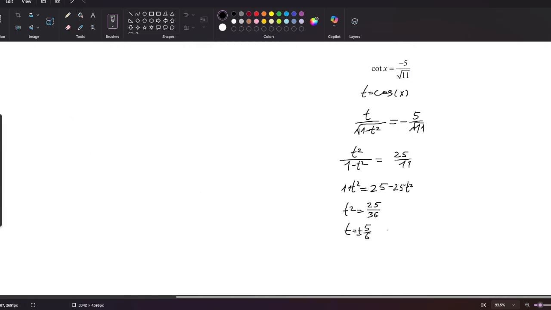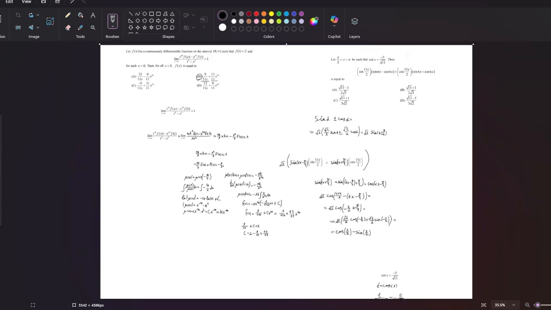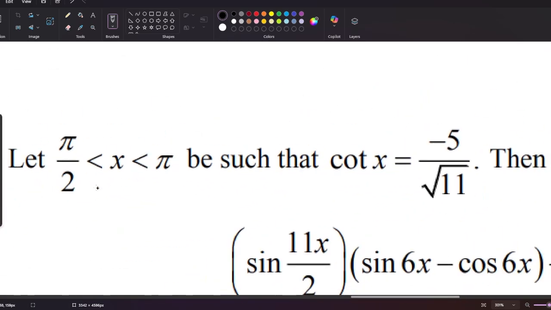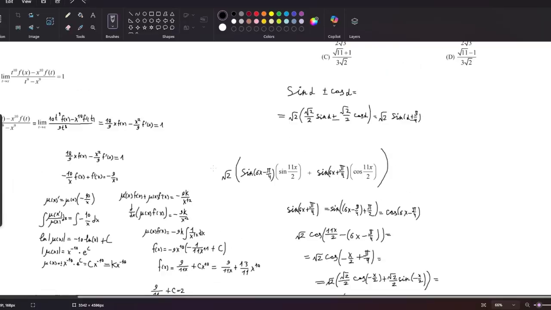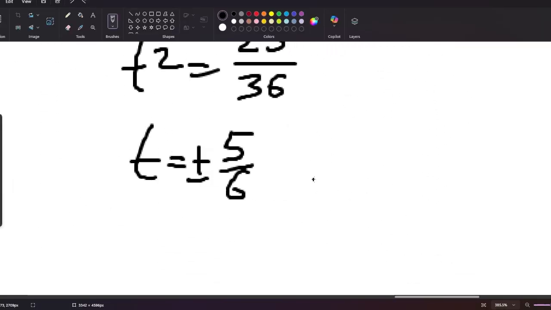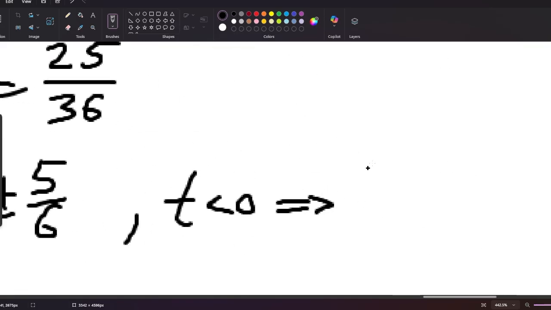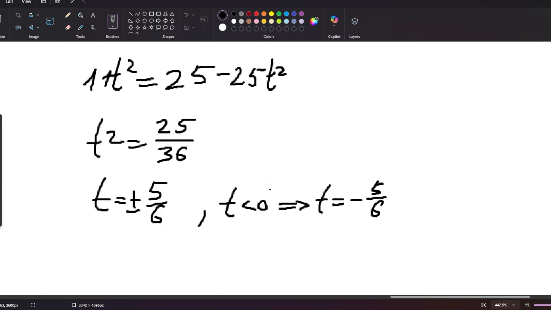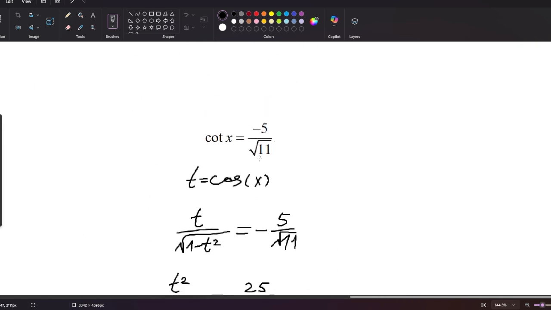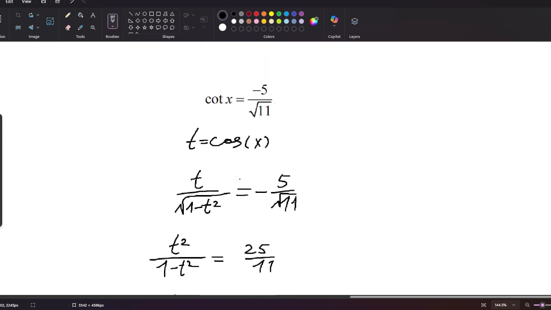Now recall that x lies in this quadrant, therefore the cosine is negative. So t is less than 0. Let's apply that. t is equal to minus 5 over 6. Now, you would ask me, why did I just spend a bunch of time finding the cosine of x?